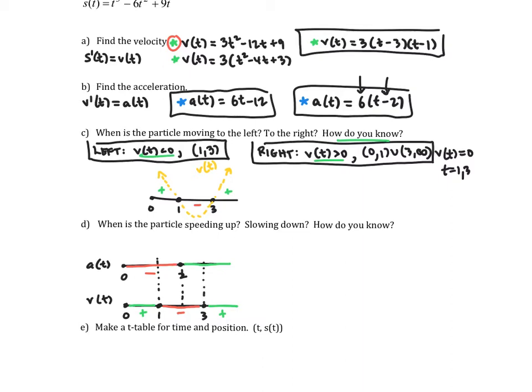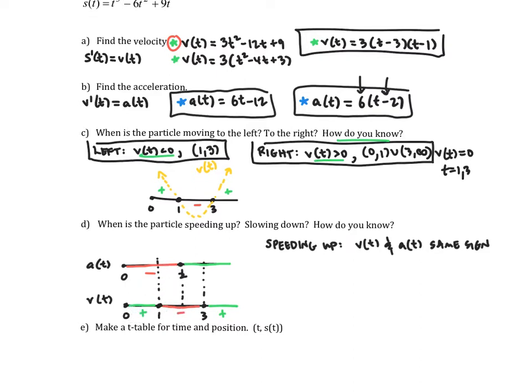Okay, so the particle would be speeding up when v of t and a of t have the same sign. Okay, let's determine based on our schematics here, or number lines here, when that would be. Okay, so I see same sign.